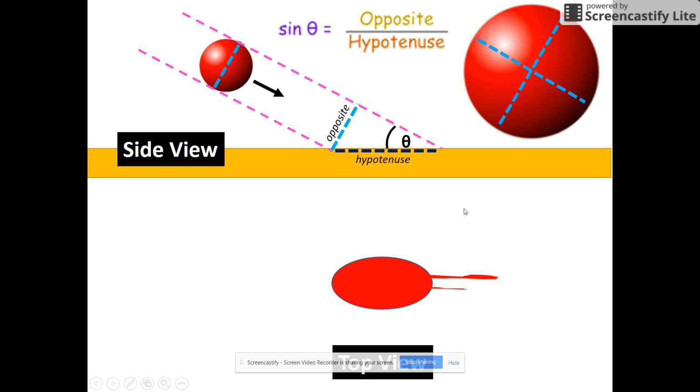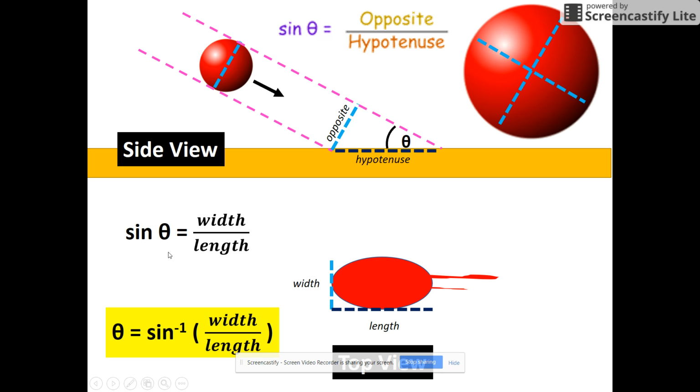So if we look at it from a top view, we can carefully measure the length of the blood spatter, we can carefully measure the width of the blood spatter, and then we know that the sine of that angle equals width over length. Or you can write it this way. The angle itself equals the inverse sine of the width divided by the length.